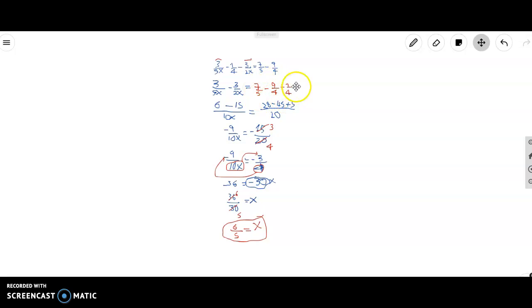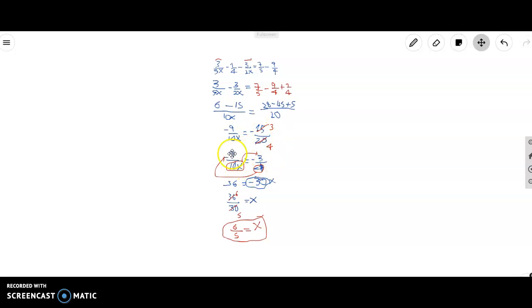We solve this operation by finding the LCD, so it will be 20. We solve this addition and subtraction, and the same to the left, but with the variable, right? And then we got minus 9 over 10x minus 15 over 20. We simplify the fraction, so we got 3 and 4, simplifying by 5, all right?